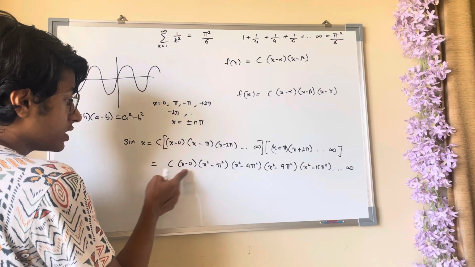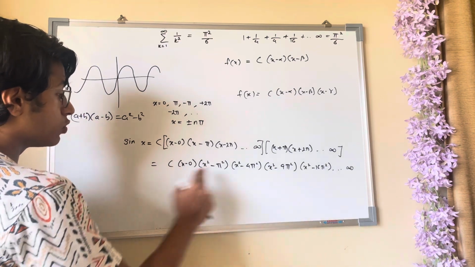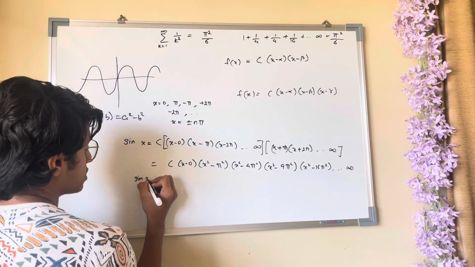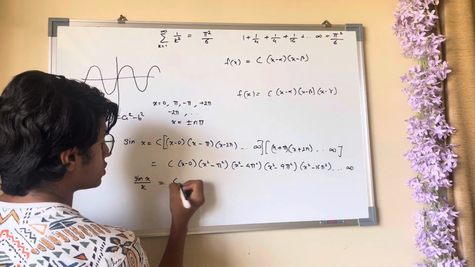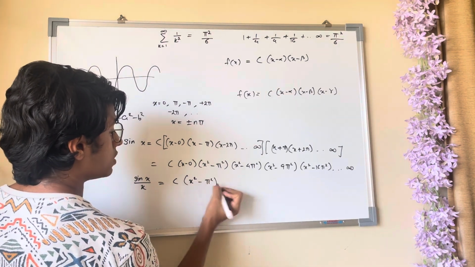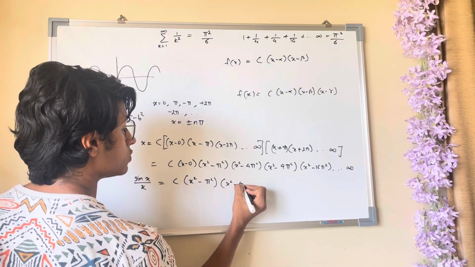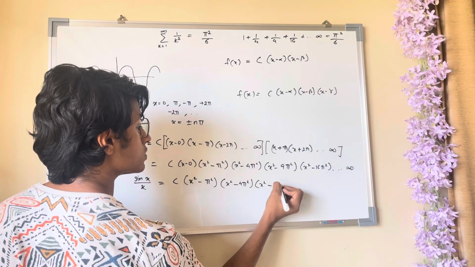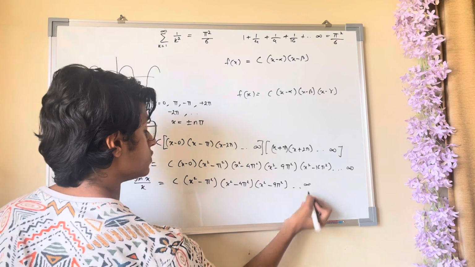So we have one x right here, so we can divide both sides by x. Sin x by x is equal to some constant c into x square minus pi square into x square minus 4 pi square, x square minus 9 pi square, so on till infinity.